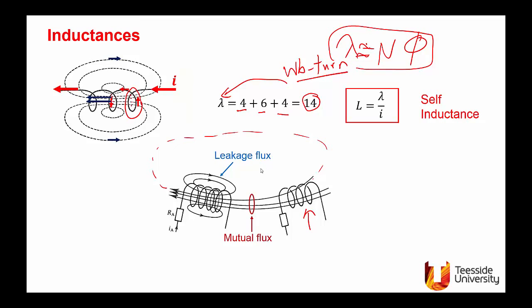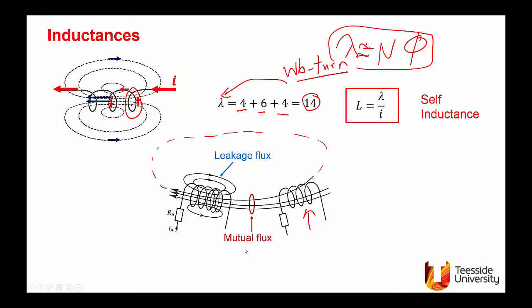For example, if you have a pipe carrying water from A to B, any water that leaks in the way that doesn't reach B is leakage water. If your aim here is to create flux in coil A that links coil B, any flux that doesn't link coil B is leakage. So leakage flux has to be defined on a circuit.